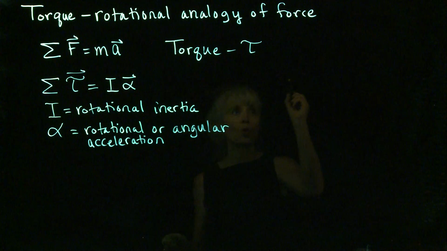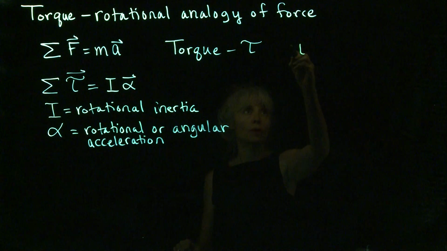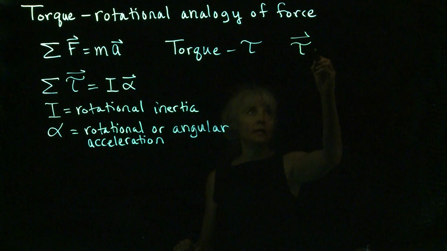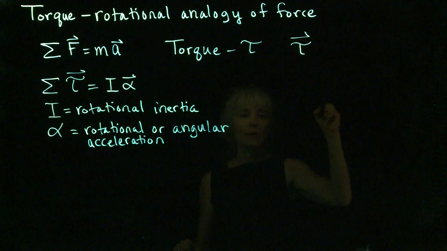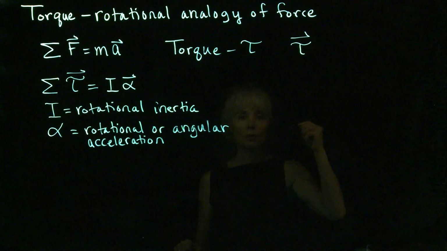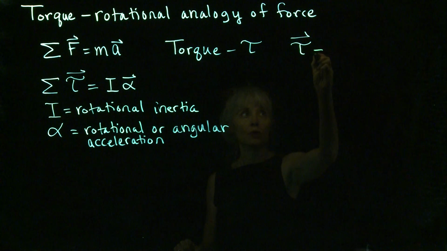So let's define what torque is specifically. Torque is a vector, and to calculate the torque exerted by a force, and every force may or may not exert a torque, we will need to be calculating each and every one of them.